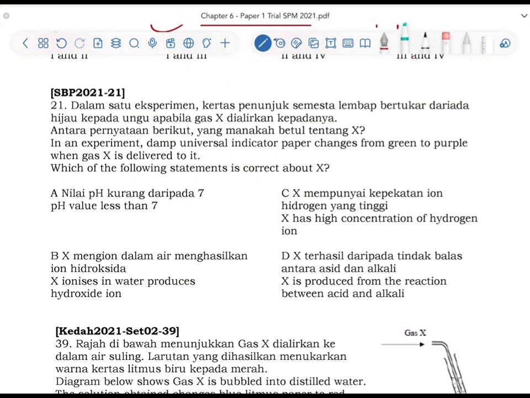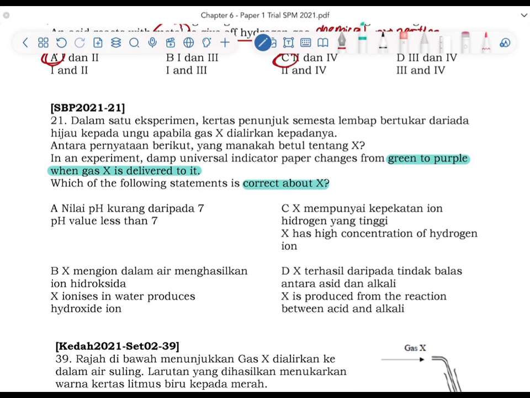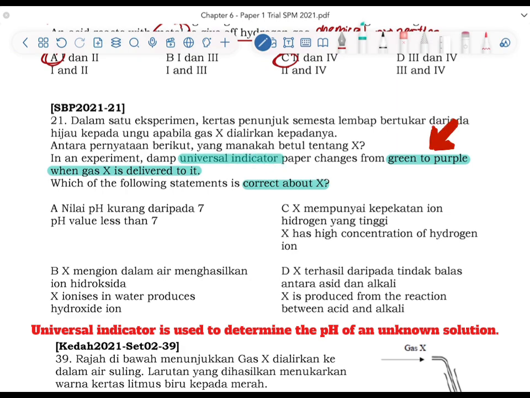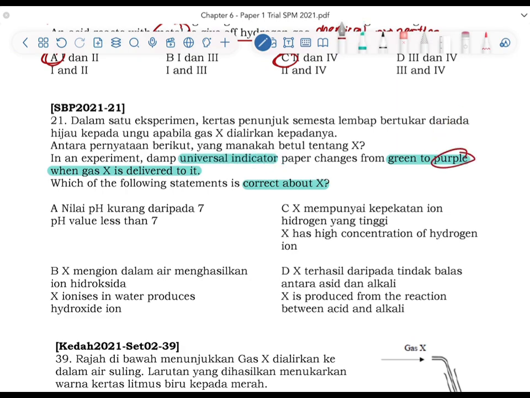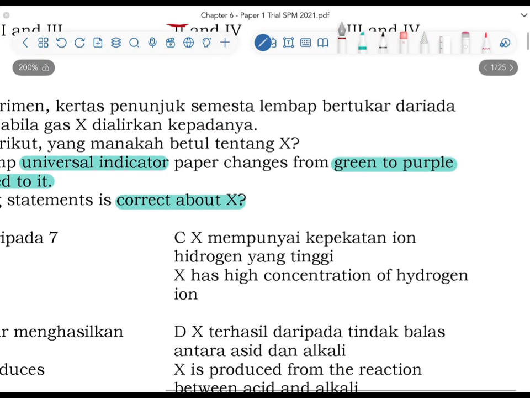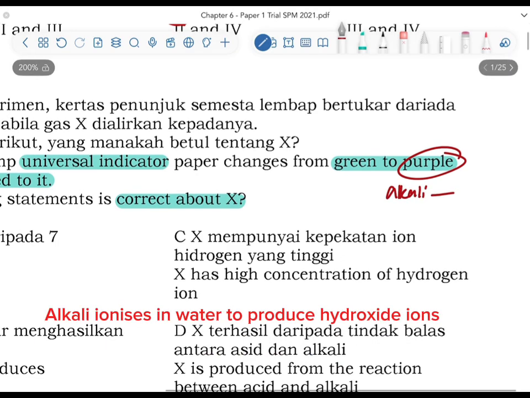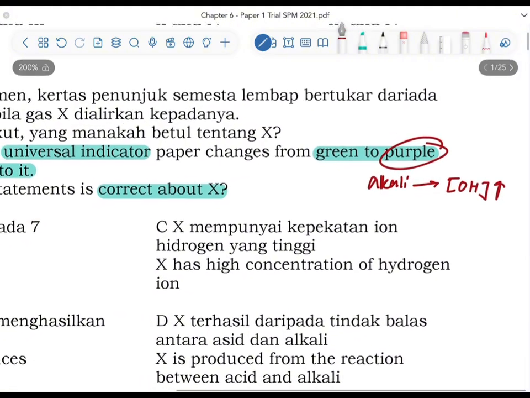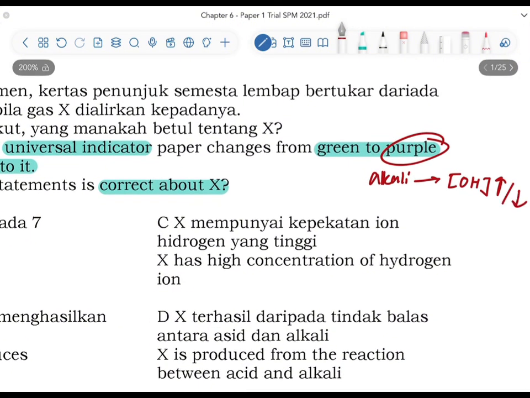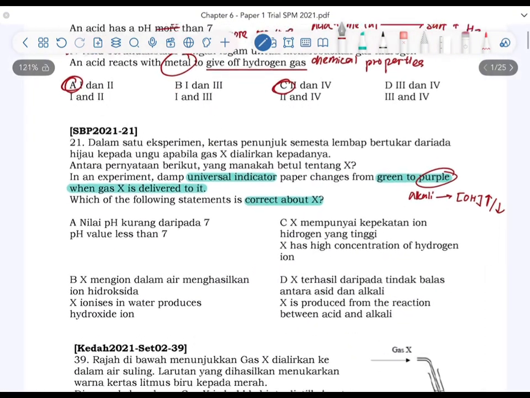Okay, the next question. In an experiment, damp universal indicator paper changes from green to purple when gas X is delivered to it. Which of the following is correct? The very important information is that the universal indicator changes from green to purple. So it means that it is an alkaline solution, which produces a high concentration of hydroxide ions.